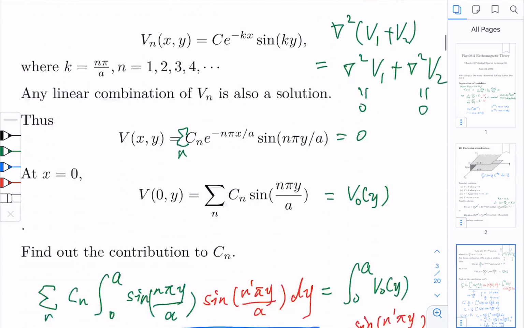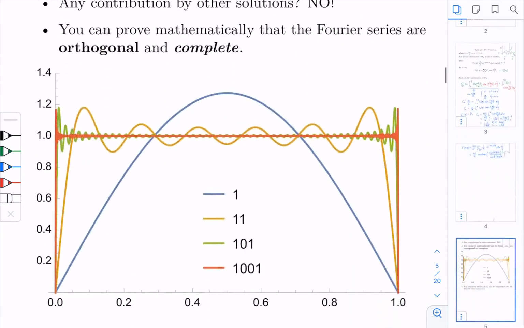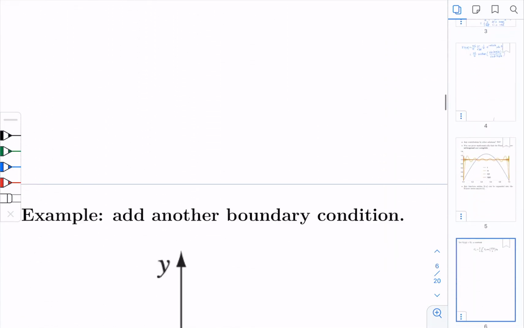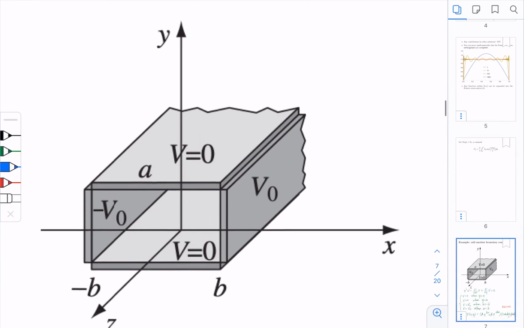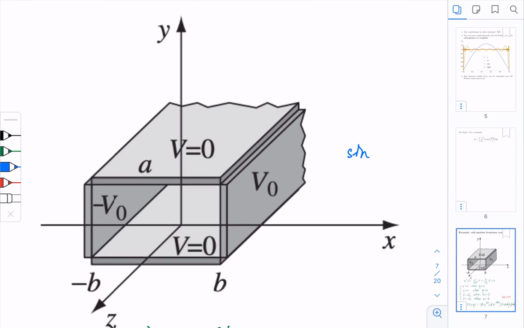Now let's take a look at the second problem. In the second problem again, on the y direction it must be a sine ky, and on the x direction it can be exponential kx or exponential minus kx.